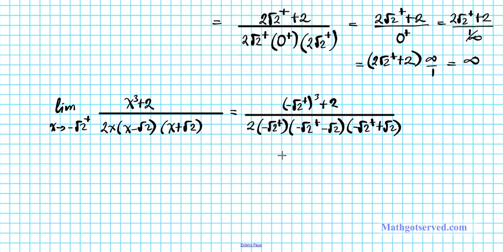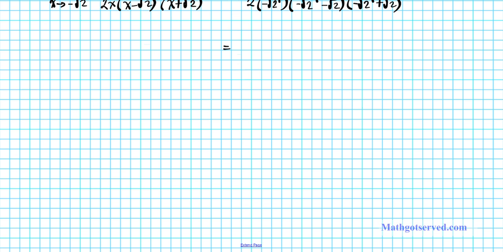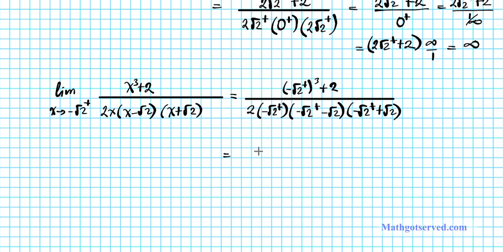Okay? In the numerator, if we raise negative root 2 from the right to the third power, we're basically going to have negative 2 root 2 from the right plus 2. And then in the denominator, if we multiply 2 times negative root 2 from the right, we are simply going to have negative 2 root 2 from the right.